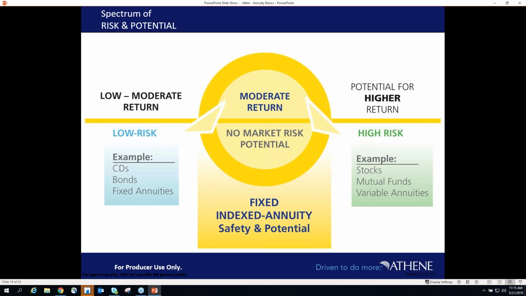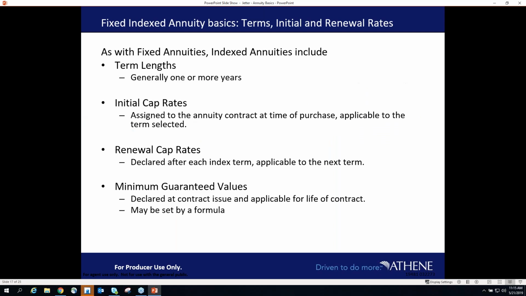So safety and potential growth is available in that fixed indexed annuity. And then for potential of higher return, you need to take a higher risk, and that's going to be generally your variable products, stocks, bonds, mutual funds, and variable annuities. Again, that's where you have all the investment risk on the client.